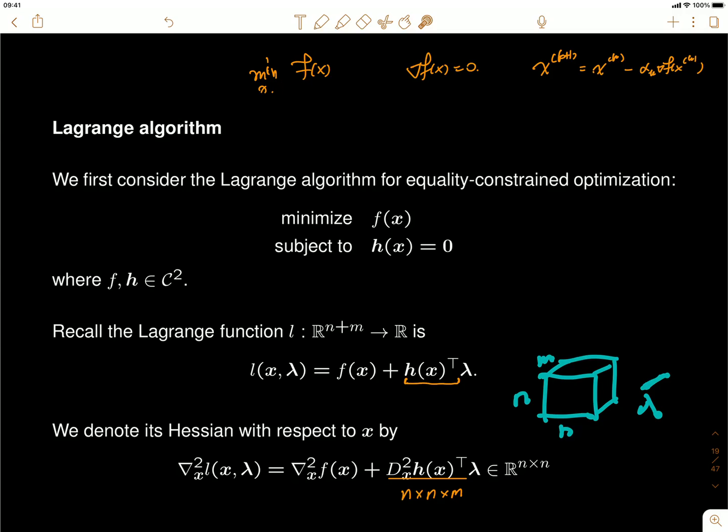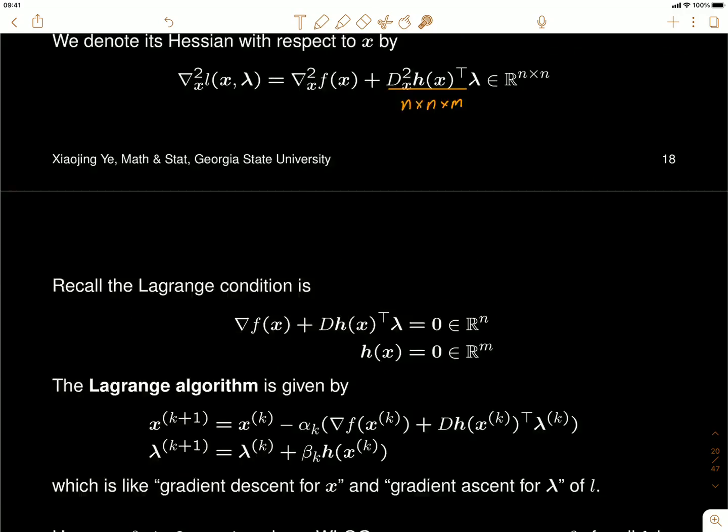Your lambda will be multiplying to each of these n square vectors, taking inner product with each of those, and then when you multiply them together, you'll be getting an n by n matrix. So that's the Hessian.